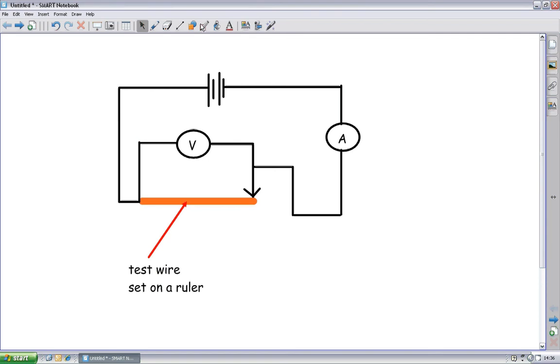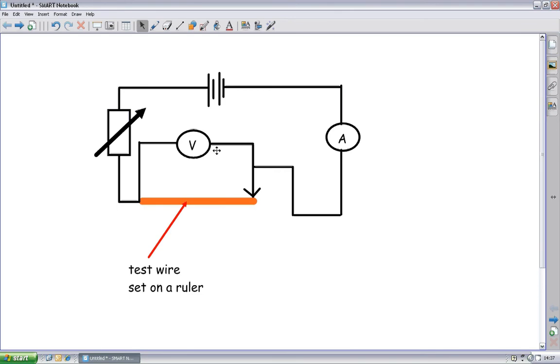For safety reasons, I'd probably put in a variable resistor as well, just to keep the current low enough that you're not going to melt anything. That's a regular resistor, of course, and a variable resistor, one that you have control of, gets an arrow through it like that.